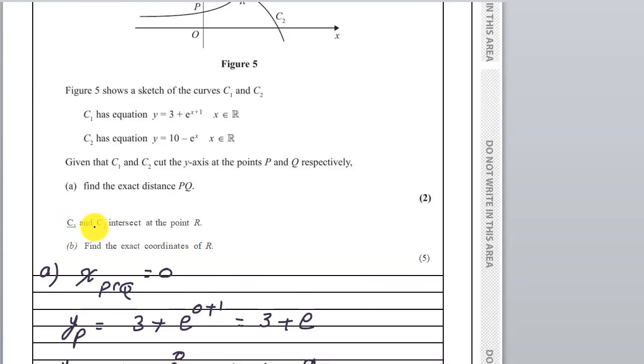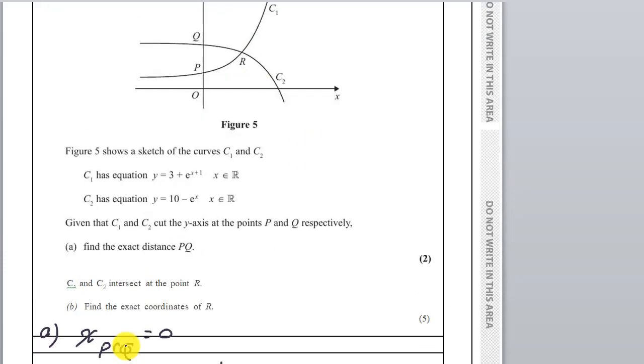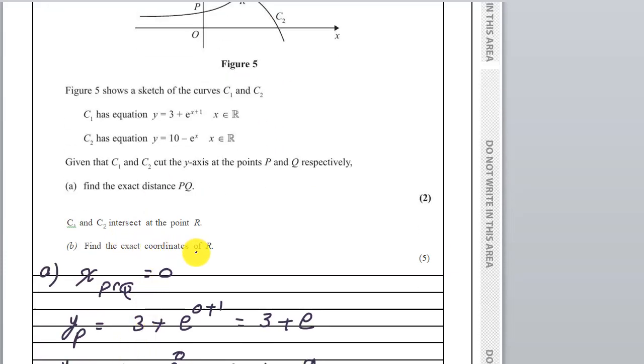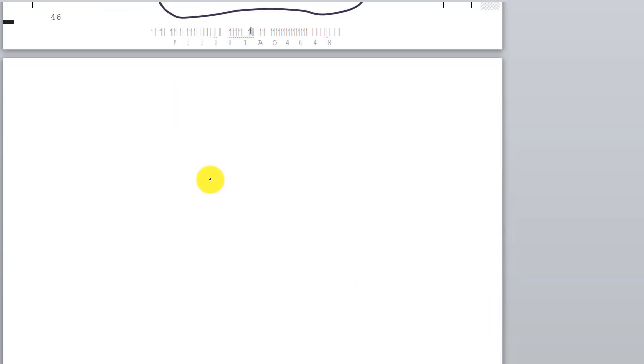C1 and C2 intersect at point R, which is this point R. Find the exact coordinates of R. We make both equations equal. So this is B. So at R, y of C1 is equal to y of C2.